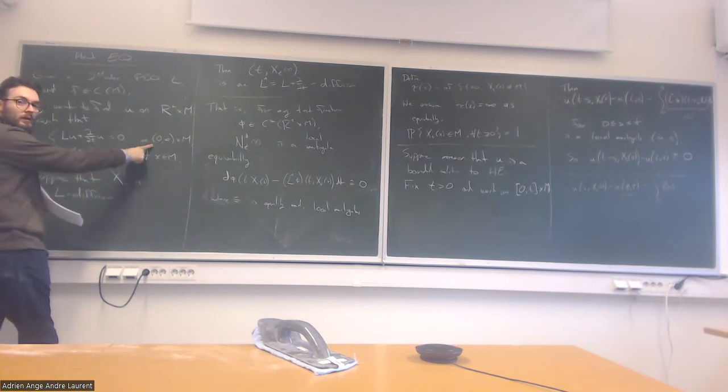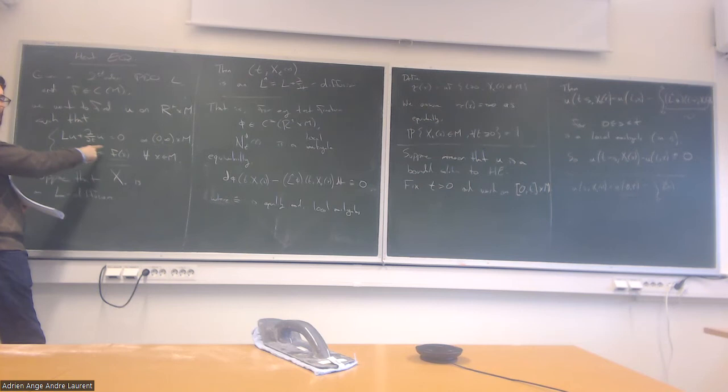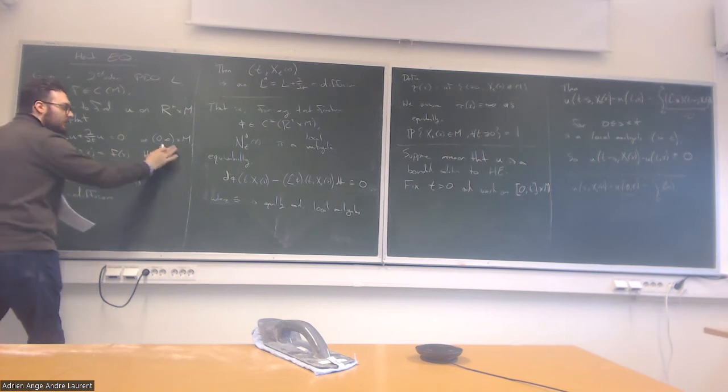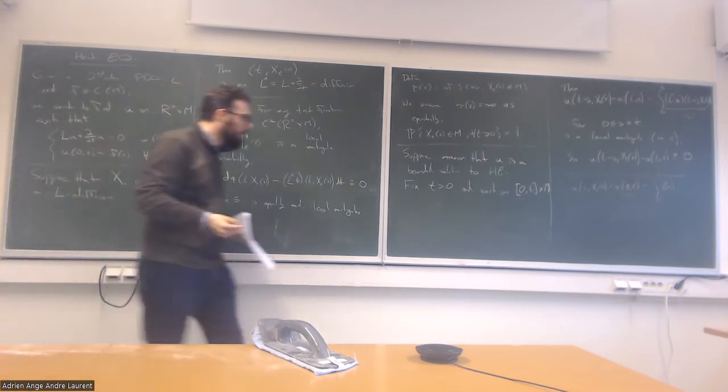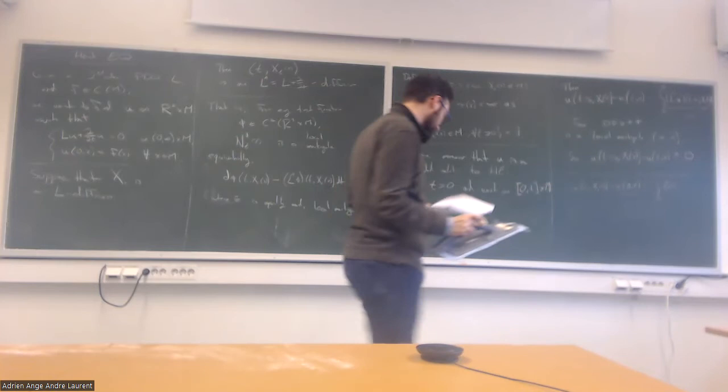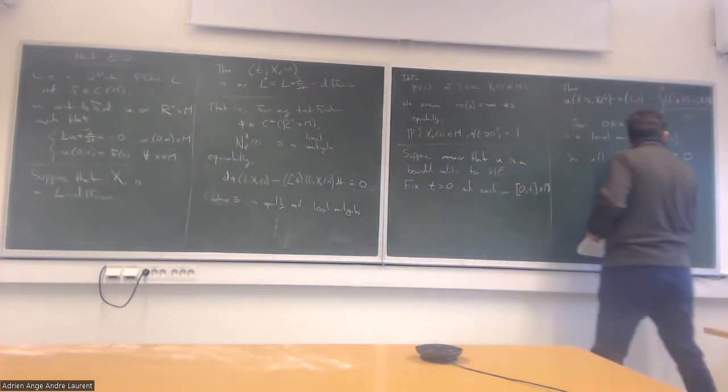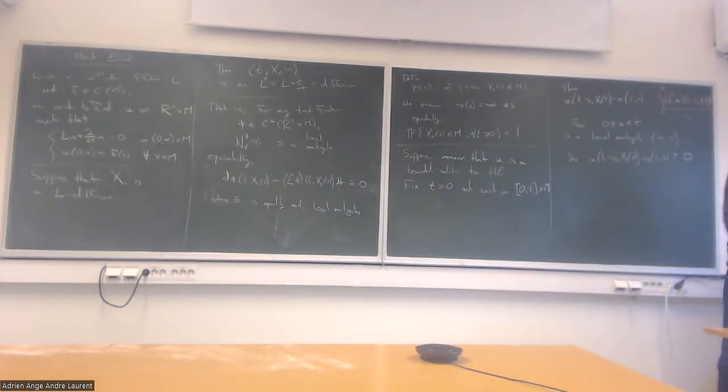So we don't necessarily have that the heat equation is satisfied at 0. Something funny happens here. I'll think about it and get you a better answer. There's something funny, and this is really important.